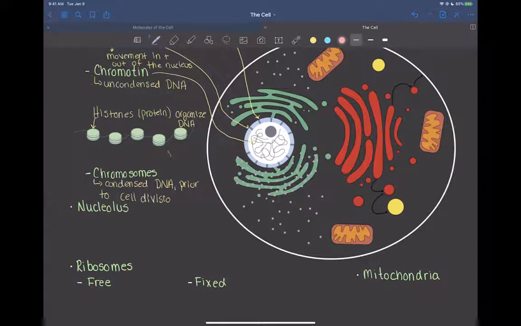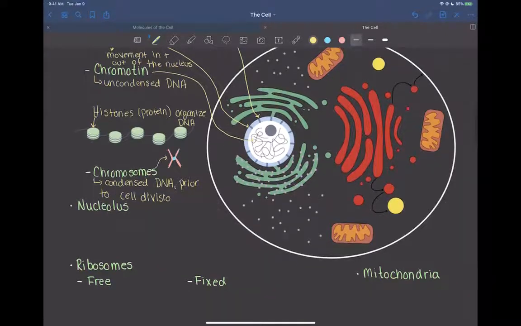They're usually drawn as this X structure, with the two halves connected in the middle like that. So that's typically how a chromosome is drawn. We'll talk about those chromosomes and the different parts of them when we get to cell division in our mitosis section. But those chromosomes only form when the cell is about to divide and split into two new cells.